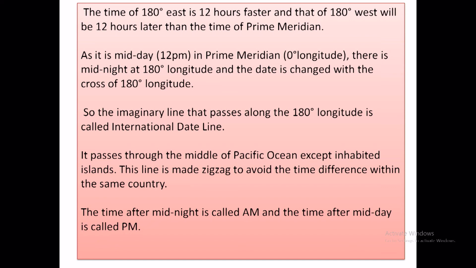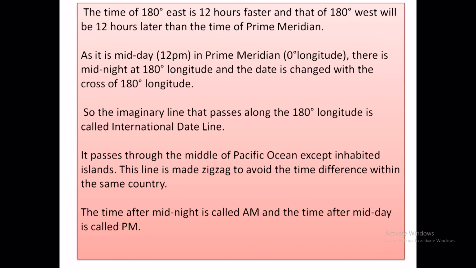So, why is it zigzag? The answer is to avoid the time difference within the same country or same place. If we made it straight, then the time of one place would be one day ahead and another place would be one day later.